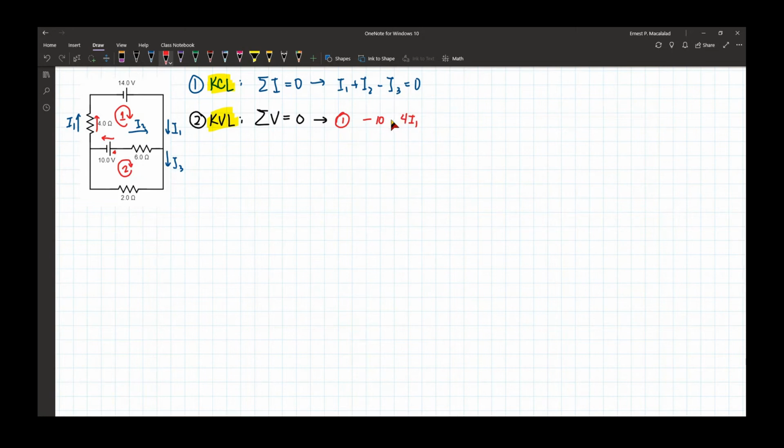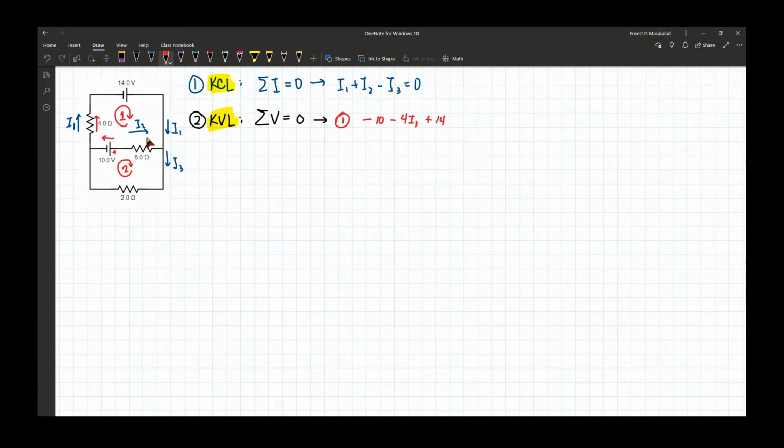But the sign should be what? Minus, sir. This should be a minus. Okay. This side is from negative to positive. So I have a voltage gain. So this is plus 14 volts.